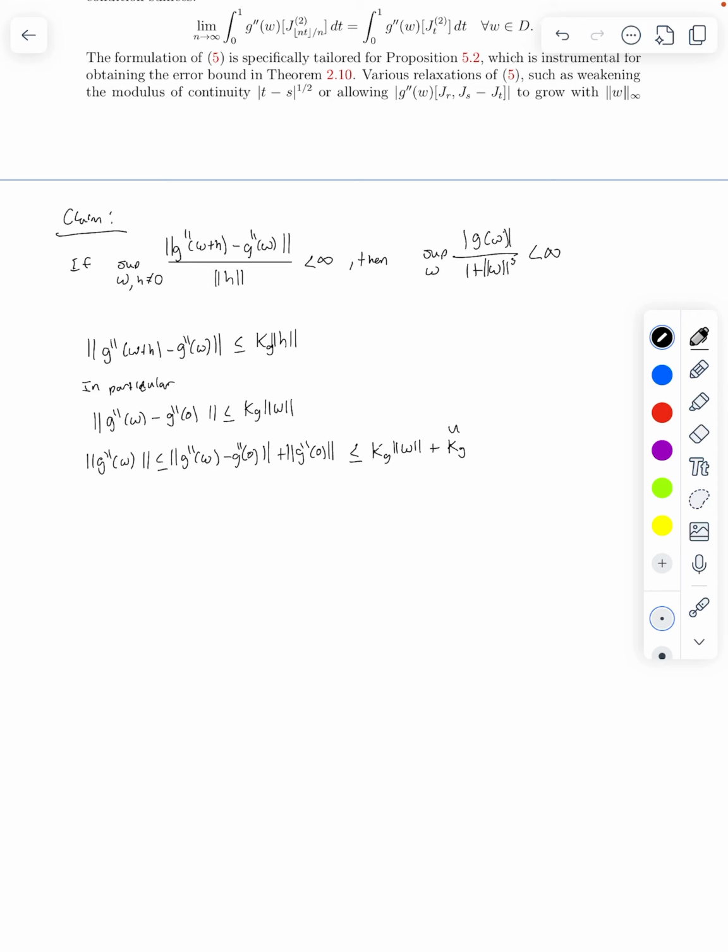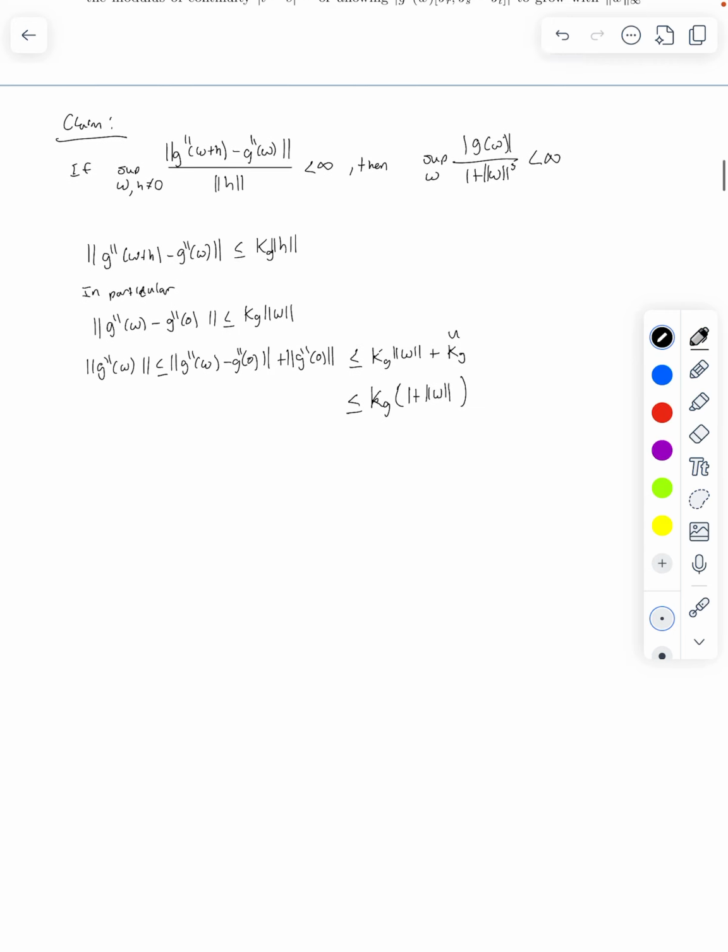So because we know that it's second Fréchet differentiable, the Fréchet derivative exists, in particular it exists at 0 and it has some norm, right? So this is less than or equal to kg of 1 plus w. By the way, I'm going to let the constant change from line to line.